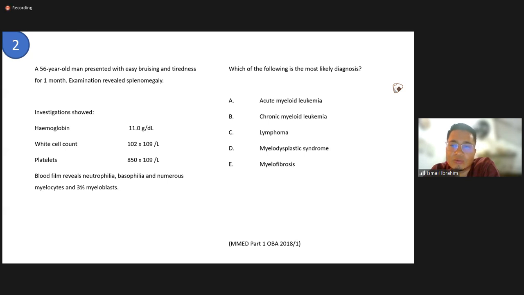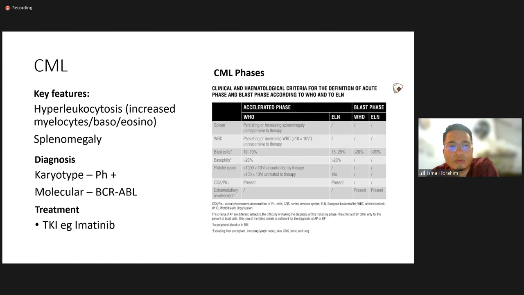And we need to make sure also the myeloblasts or the immature cells are not raised, because once they reach more than 20%, especially, then they become acute myeloid leukemia. For CML, all this myeloid cell line will be raised, and that will include your platelet as well. So the CML is hyperleukocytosis. Remember, all the cell lines will be increased. They can get splenomegaly as well, and normally it will be described as massive splenomegaly.